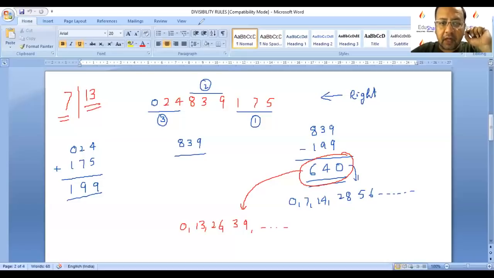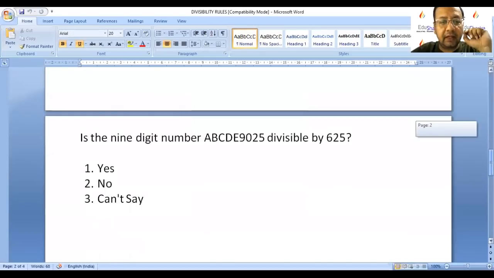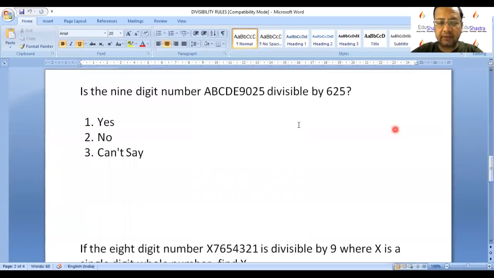Now, moving further and taking some examples to understand the application of all these divisibility rules, right? So how to apply all these rules. Say one example is the 9-digit number ABCDE9025. Is it divisible by 625, right?